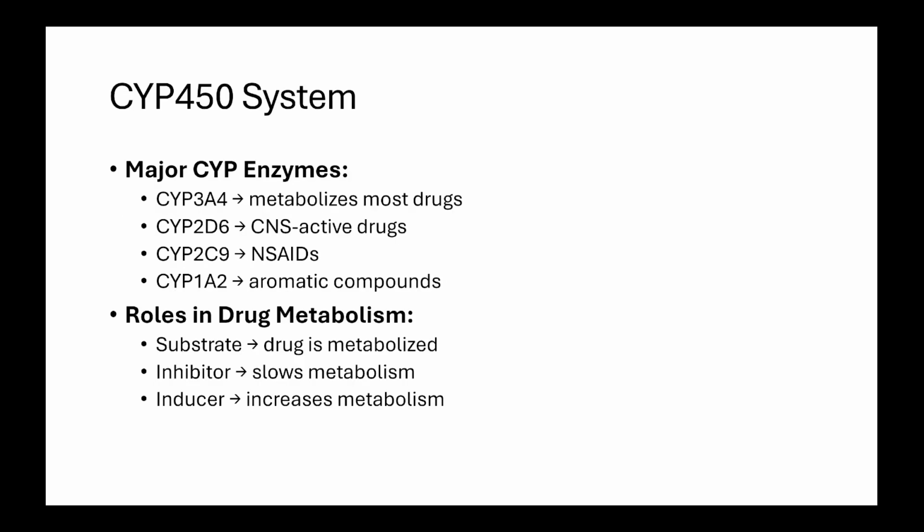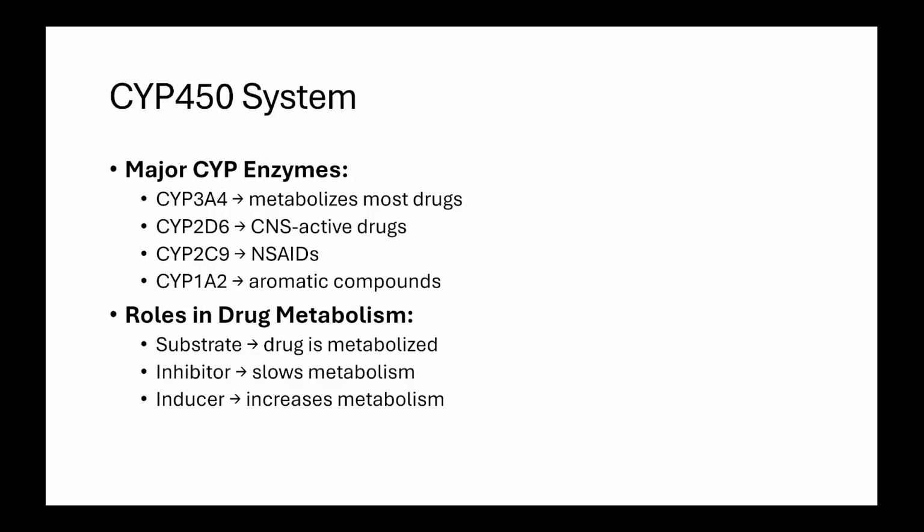The major common enzymes in the body is our CYP450 system. I'm not saying that these are the only enzymes present, but these are the most common. These are present everywhere, and most of the drugs will be affected by the CYP450 system. So the major CYP enzymes comes from our cytochrome P450, and the major ones CYP3A4.